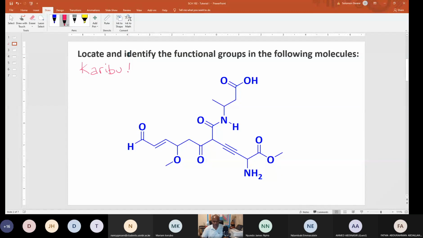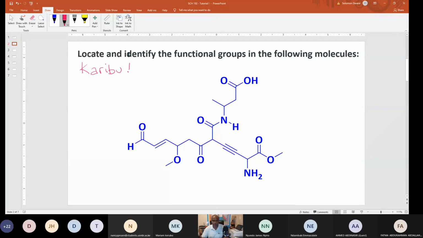So it is very important, as we start to study organic chemistry, that we first understand the different functional groups. When you look at a functional group, you must recognize it. You remember when we studied intramolecular and intermolecular forces of attraction, we talked about hydrogen bonding and dipole-dipole interaction.